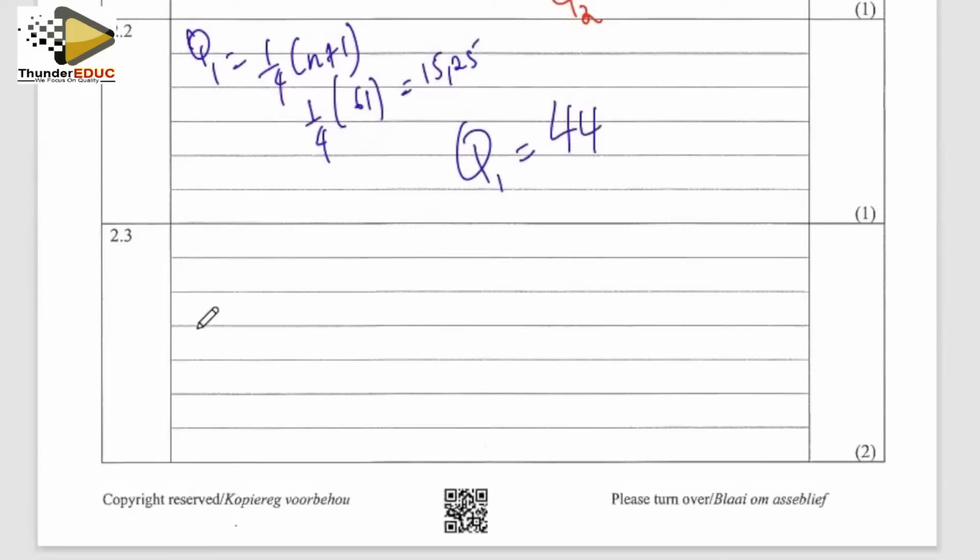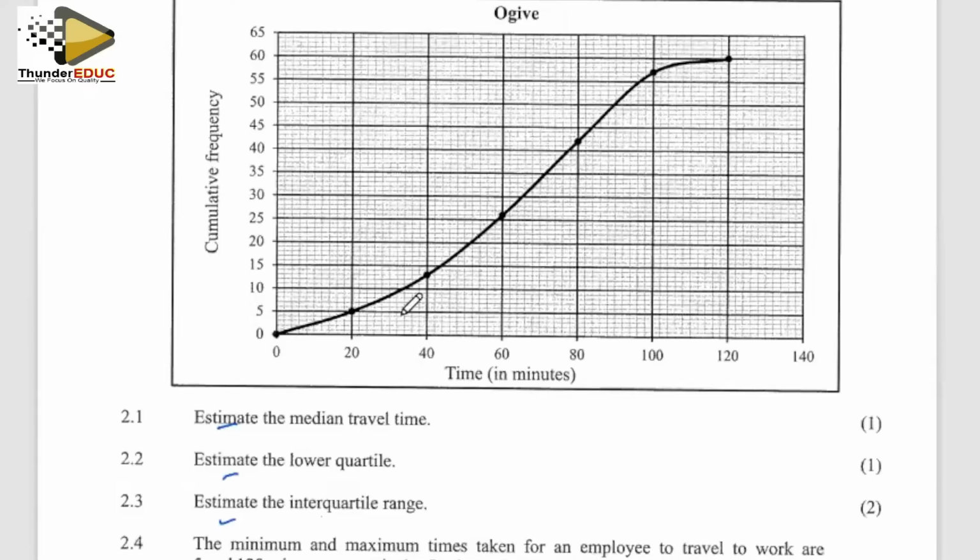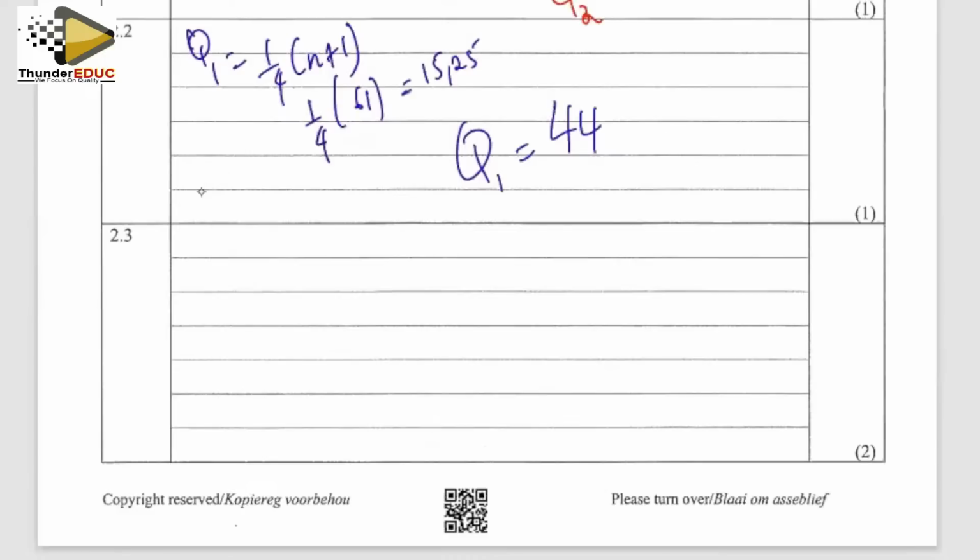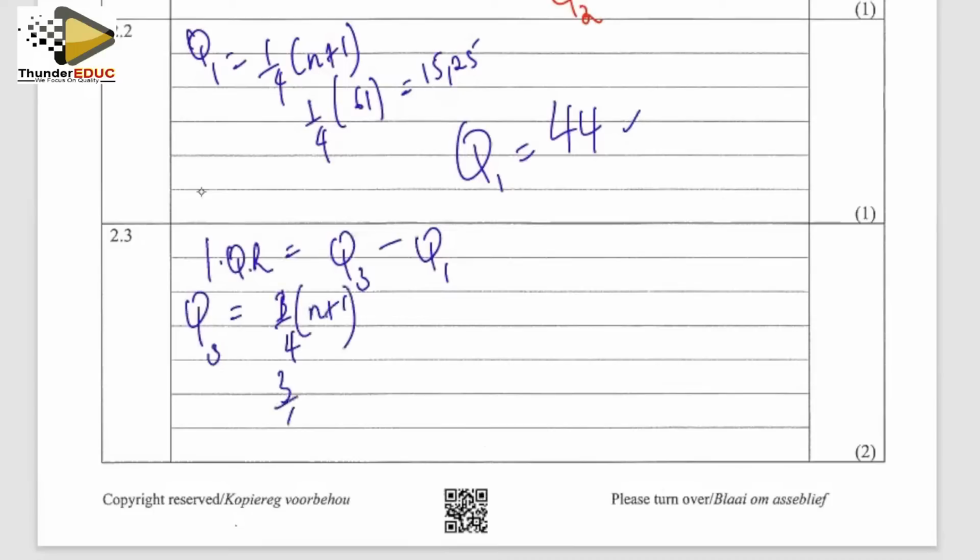And then 2.3, they want us to get the interquartile range. We know that the interquartile range is given as Q3 minus Q1. We already have the Q1. What is missing is the Q3. Let's get the position of Q3, which is 3 over 4 into n plus 1, which is 3 over 4 of 61.